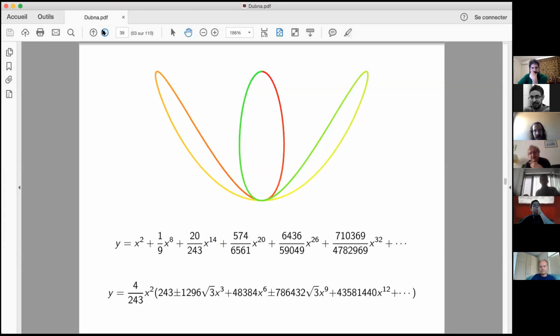And you can see the red one, which is on the right part of the oval and on the left part of the curve. So you see that when you look at the structure of the singularity, you can see three colors: the green color, the yellow color, and the red color.